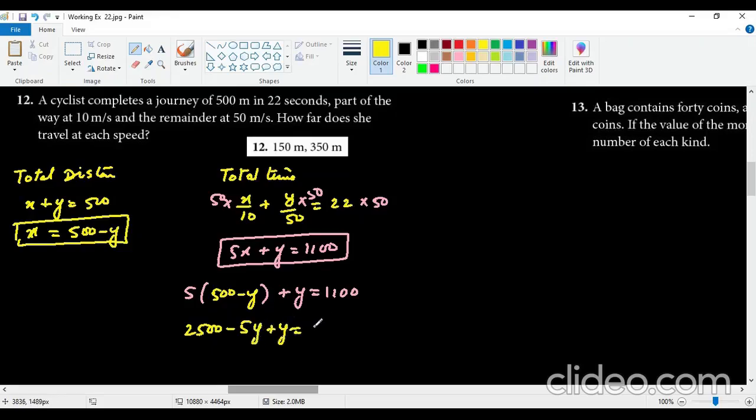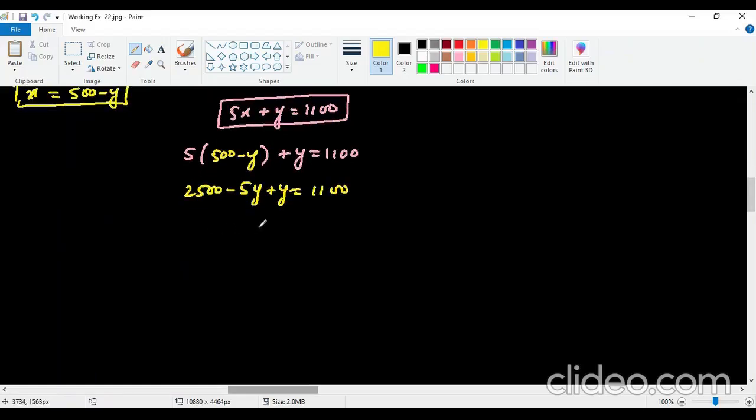In here it's going to become minus 4y plus 2500 equals 1100, so minus 4y equals 1100 minus 2500. So this is going to become minus 4y equals negative 1400, and negative signs are ignored.